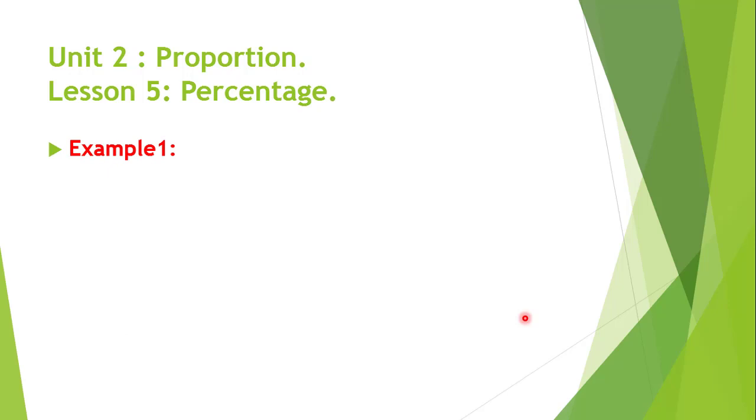Okay, more examples. 15% of 300. 15% means 15 over 100, then multiply by 300. So 15% of 300 is equal to 15 over 100 times 300. The result will be 45.